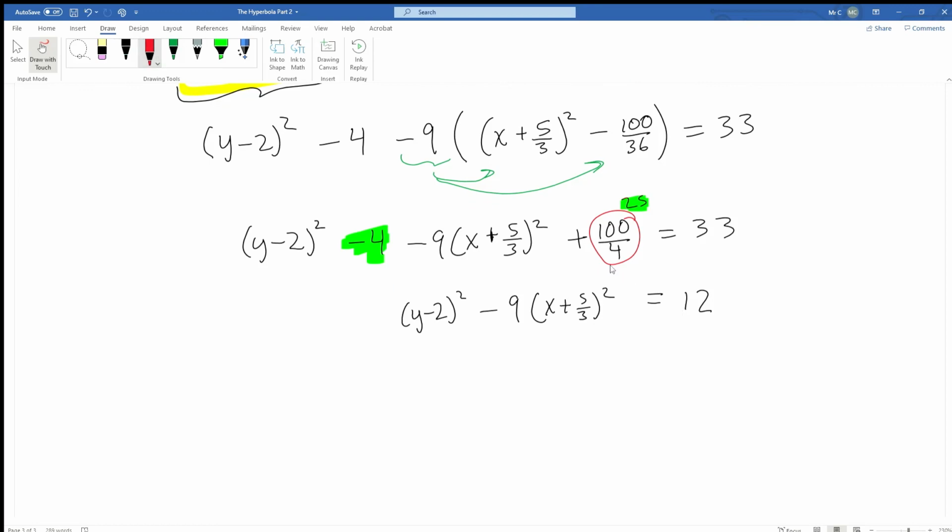Lastly, or at least mostly lastly, we divide each side by 12 to put this in standard form.